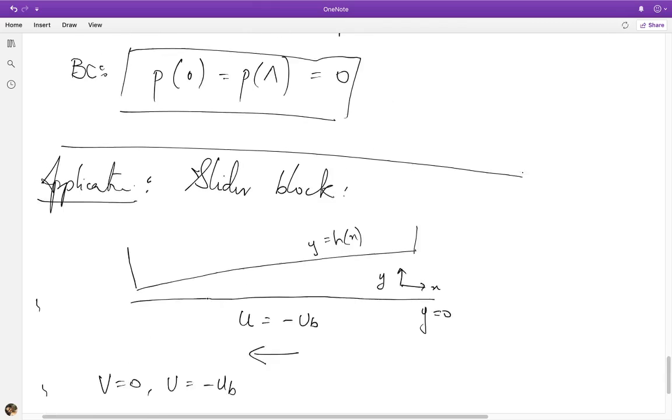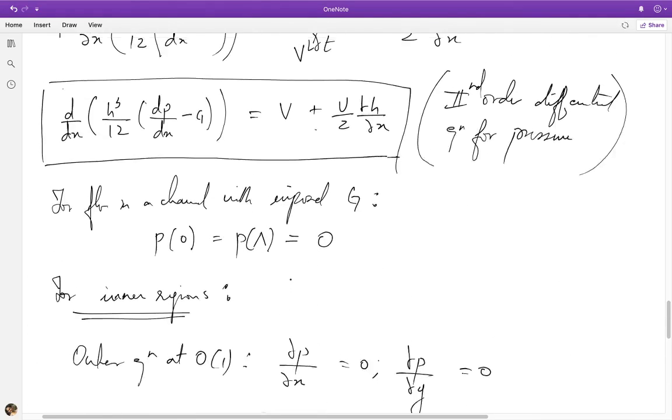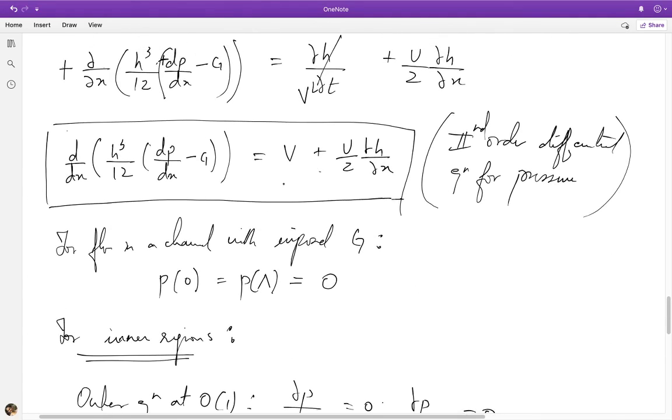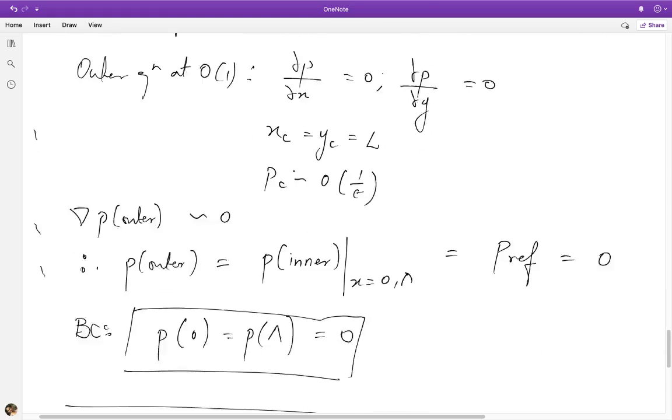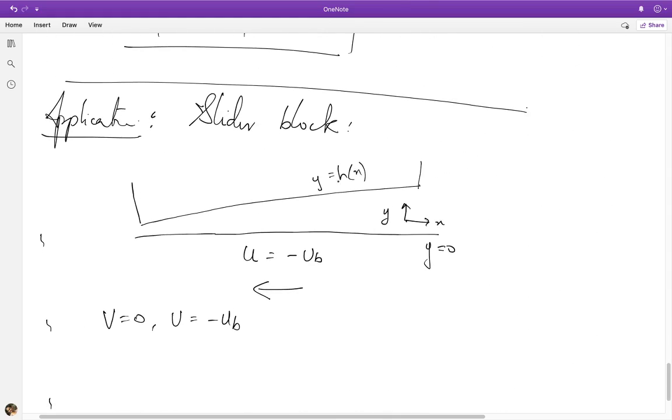So if I make this substitution, I can go directly to my equation for the pressure. I can substitute u and v here and try to integrate this equation for pressure. Before I do that, I need to specify the form of h of x. In this simple slider block problem, we'll assume that we have a linearly varying gap width.